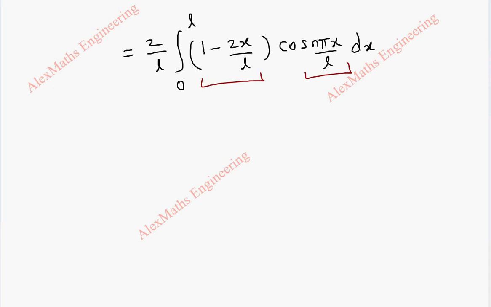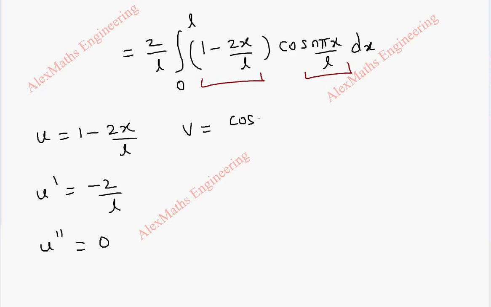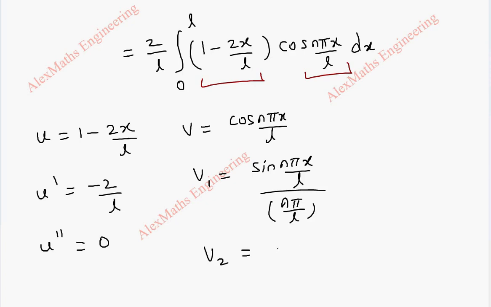So u equals 1 minus 2x by L. u dash becomes minus 2 by L, and u double dash becomes 0. Similarly, v we are going to take as cos n pi x by L. v1 is its integration, sin n pi x by L by n pi by L, and v2 is minus cos n pi x by L by n pi by L whole square.